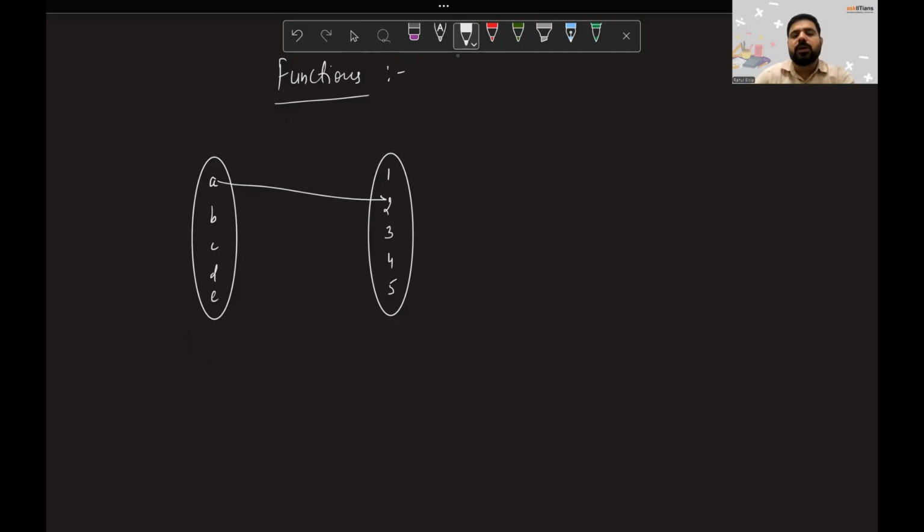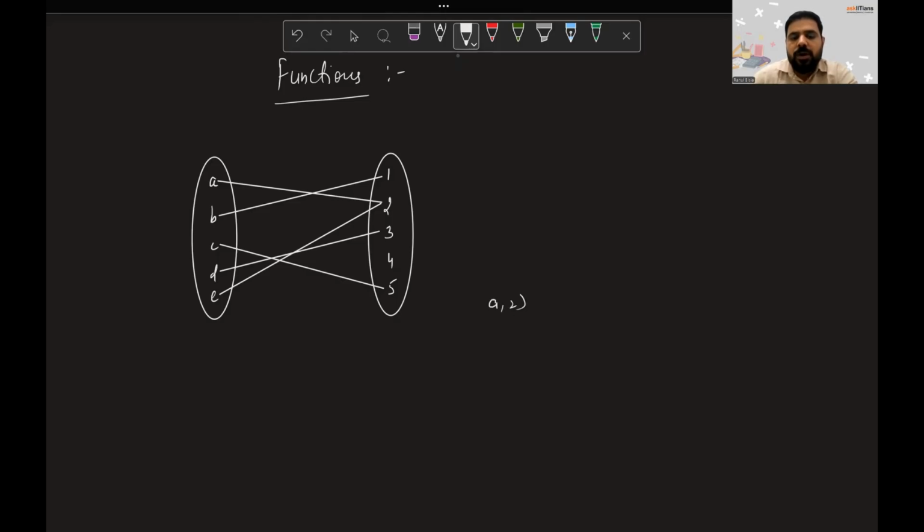Let's say I do the mapping in such a way that A is mapped to 2, C is mapped to 5, B is mapped to 1, D is mapped to 3, and E is mapped to 2, something like this. Here you can see that two different elements, A and E, are getting mapped to 2.